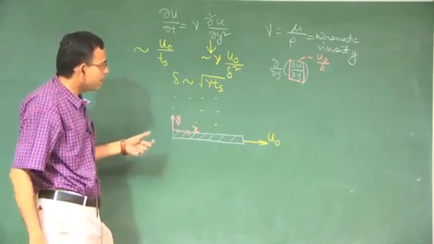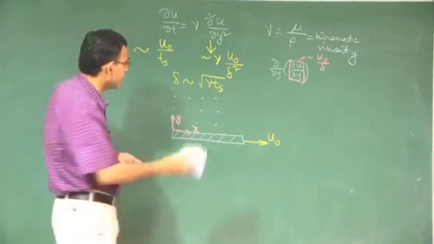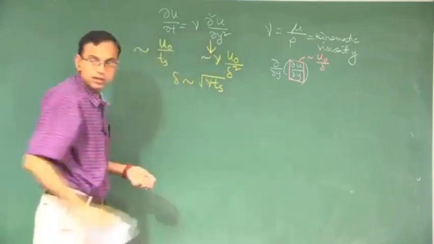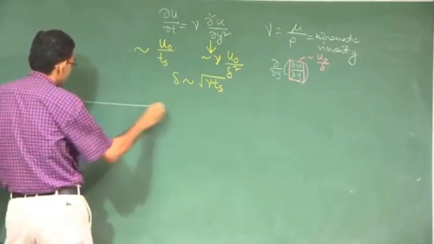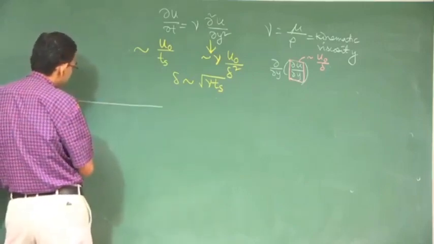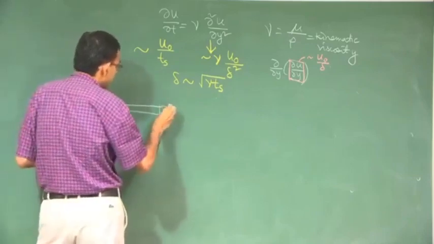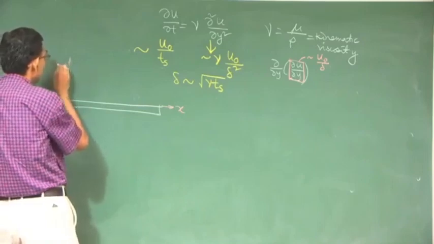Now, this problem, if you allow more and more time, let us try to make a plot of how the velocity is expected to vary over position and time, just qualitatively. So, if you make a plot of the velocity, this is your x axis, this is your y axis.